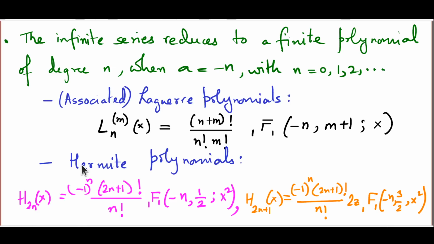As you can see from the equation written down, this situation gives rise to the Hermite polynomials H_2n and H_2n+1 for c equal to 1/2 and c equals 3/2 respectively. This actually shows that there is a deep connection between the Laguerre polynomials and the Hermite polynomials. They are, after all, both special cases of the confluent hypergeometric series.